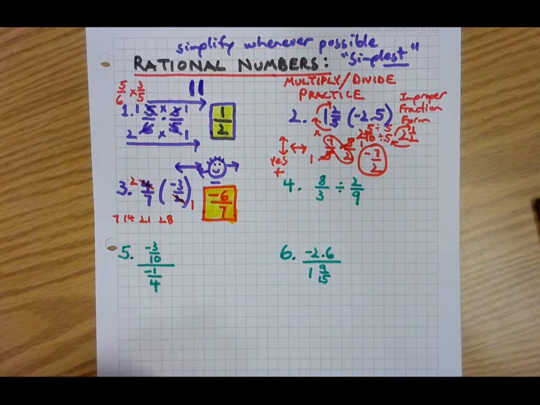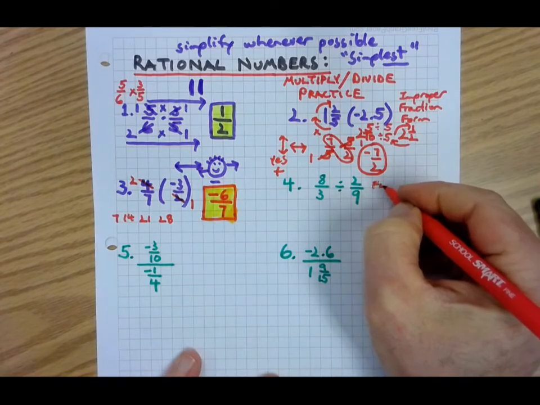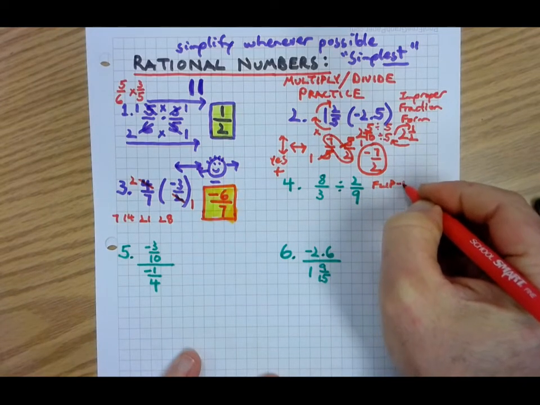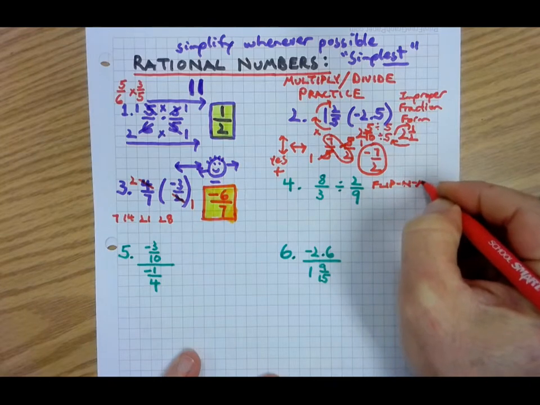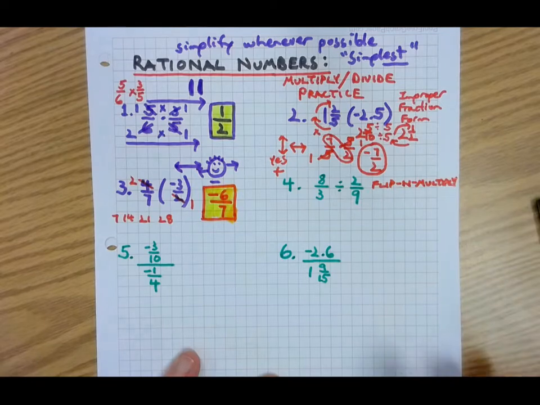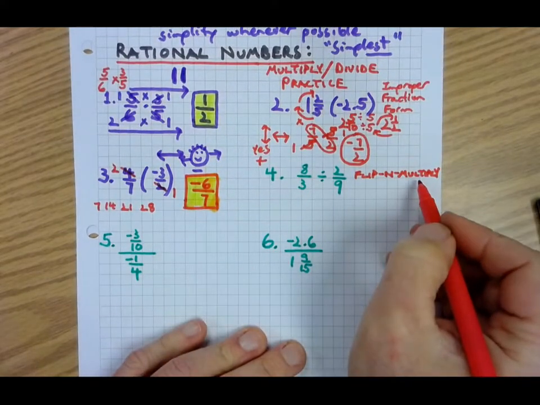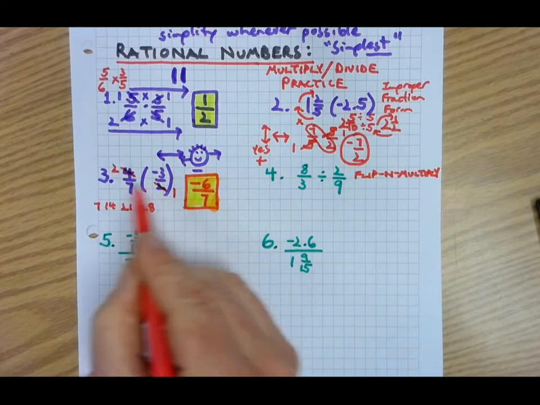Okay, division problem. I'm going to use our old favorite, flip and multiply. In general, I think people would prefer to multiply because you just go straight across the numerator and the denominator.